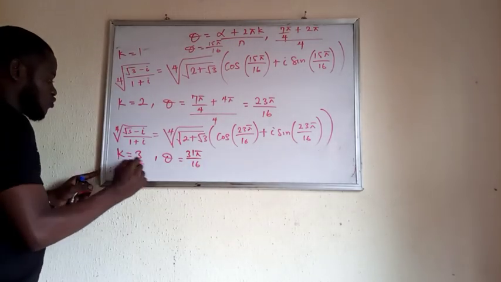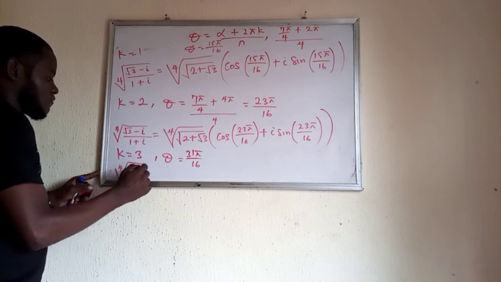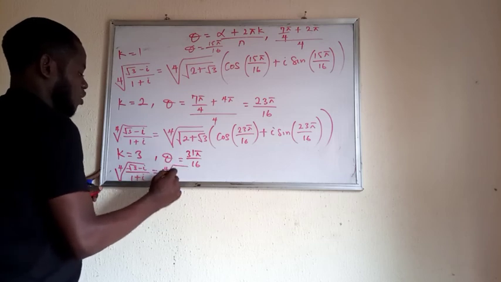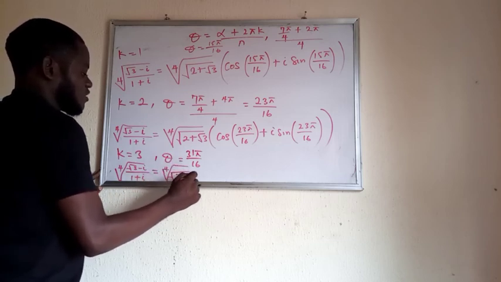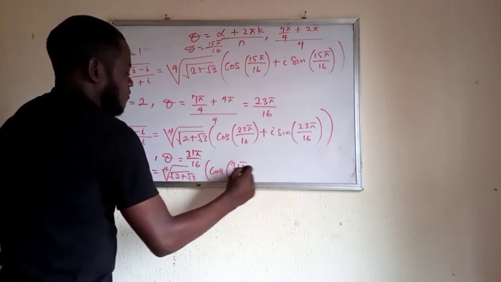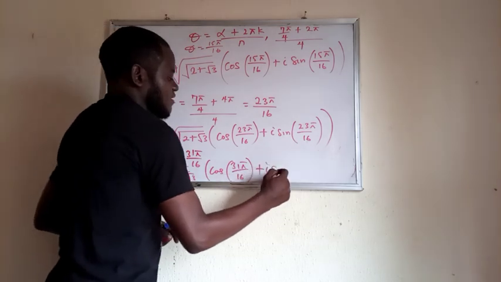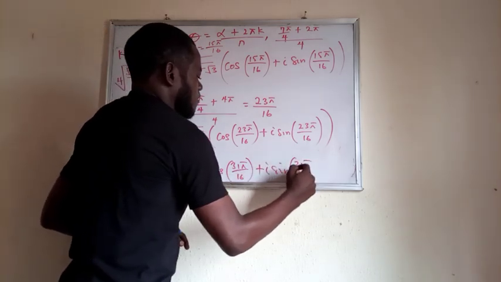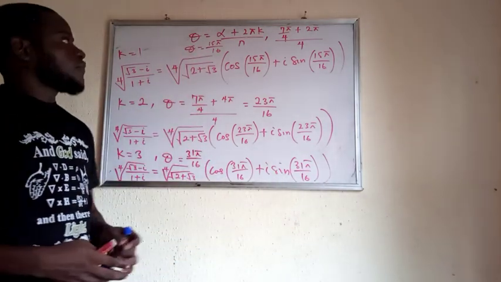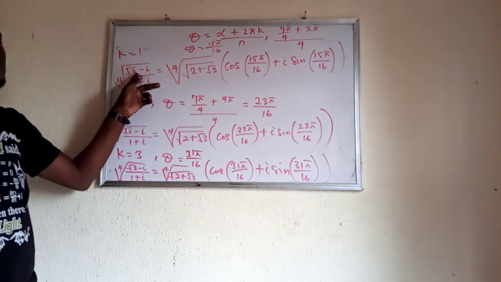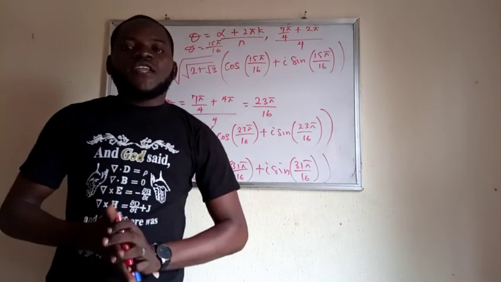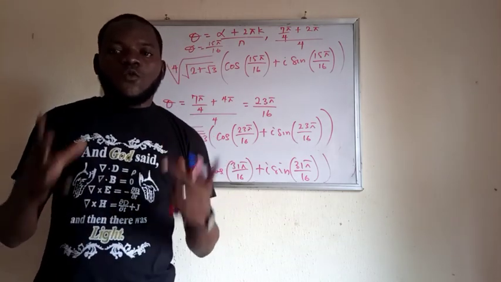Hence, this is equal to the fourth root of the square root of 2 plus root 3 into bracket cos 31 pi over 16 plus I sine 31 pi over 16. So these are the fourth roots of the complex number root 3 minus I divided by 1 plus I. So that is 1a. Can we just move down to 1b?